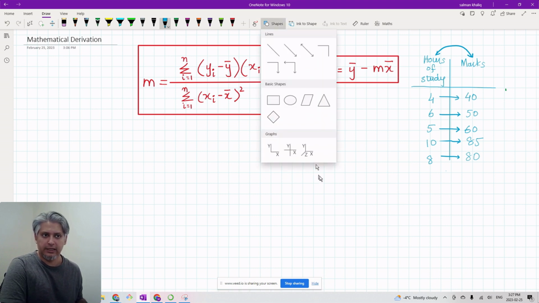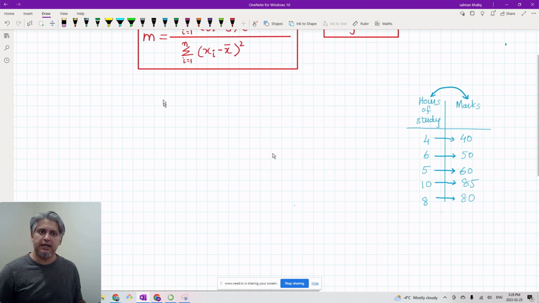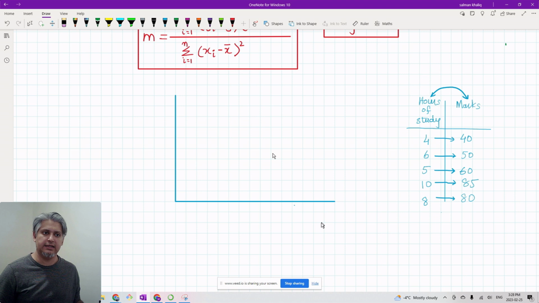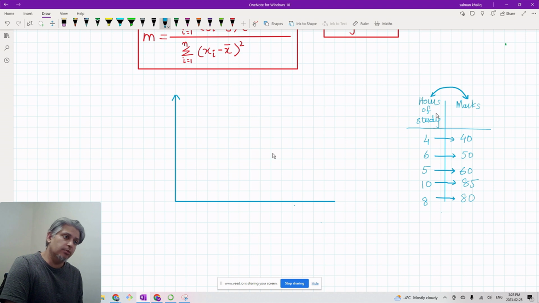Let's make a graph very quickly. So for example, I have an x-axis and I have a y-axis. So this is our y-axis. Now, first I need to determine which variable should be my dependent variable and which variable should be my independent variable.